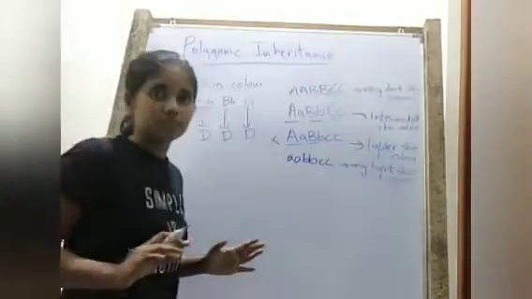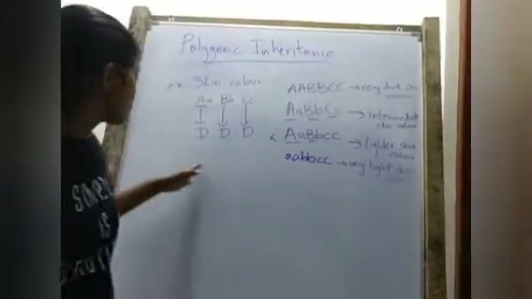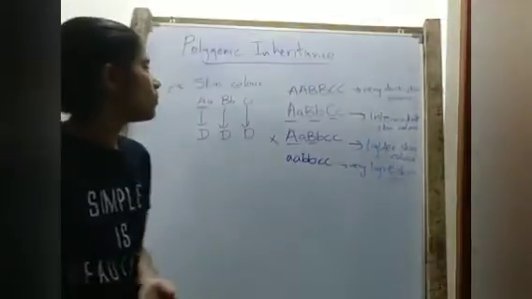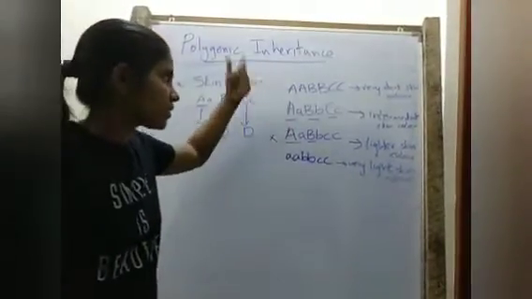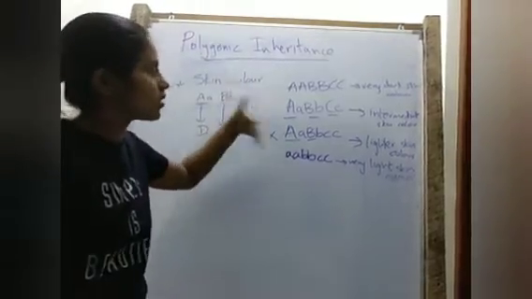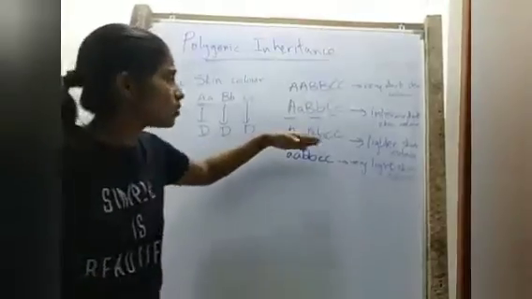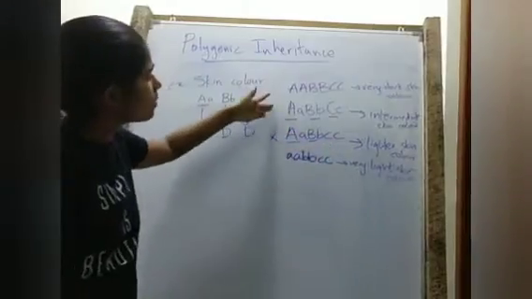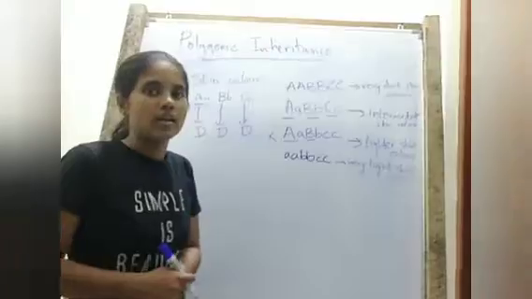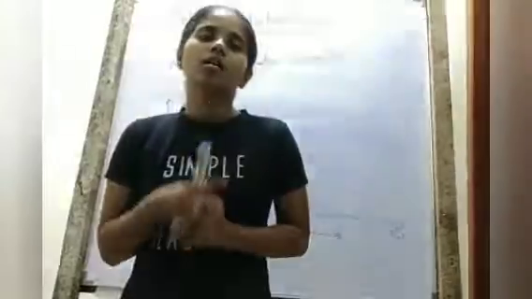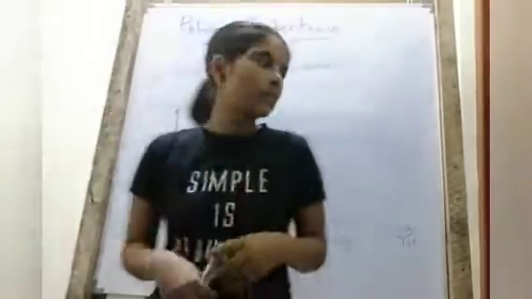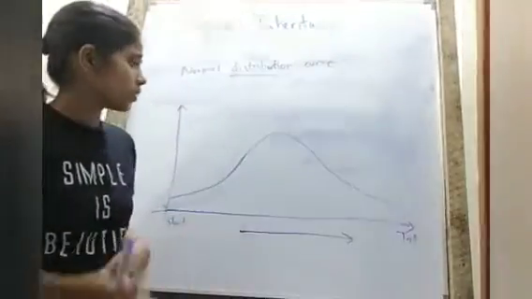What we should consider is the number of dark skin alleles present. If the dark skin alleles are higher, the skin color will also get darker. Here we have 2 dark skin alleles, here 3, here 6, and here none. Data for a polygenic character in a population may result in a normal distribution curve.